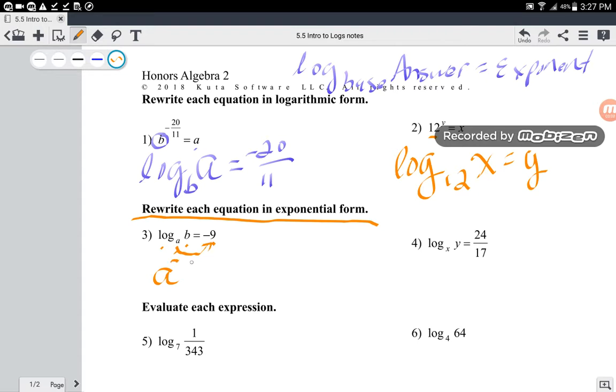The exponent is negative 9, and the answer is, whoops, that's supposed to be a b. Base, answer, exponent. So do the same for number 4.